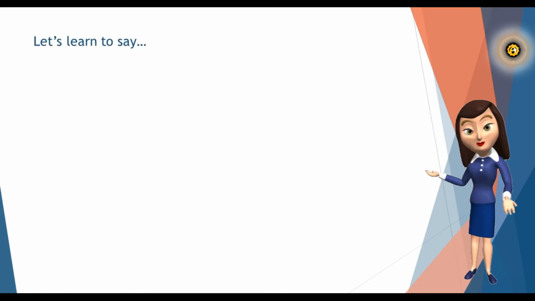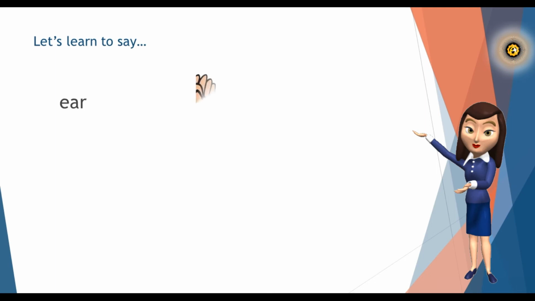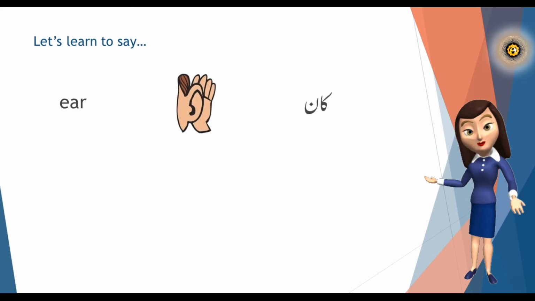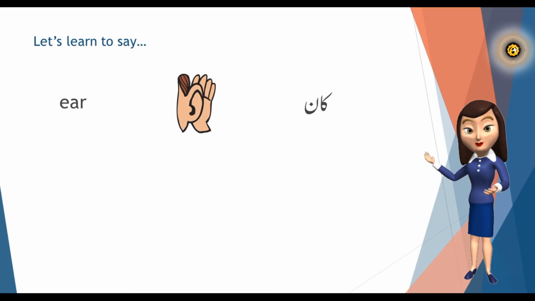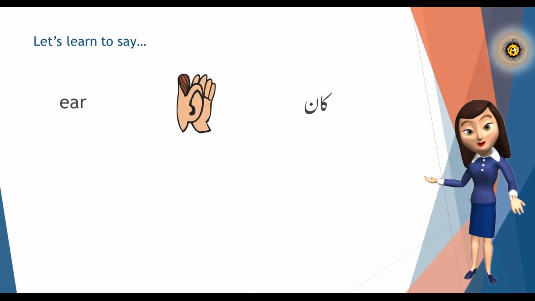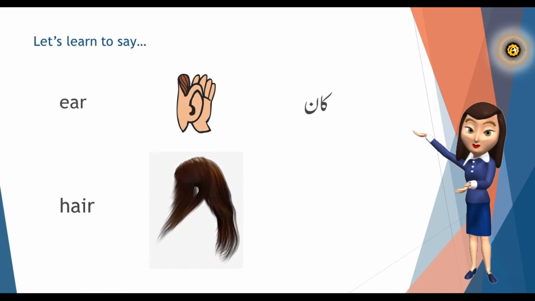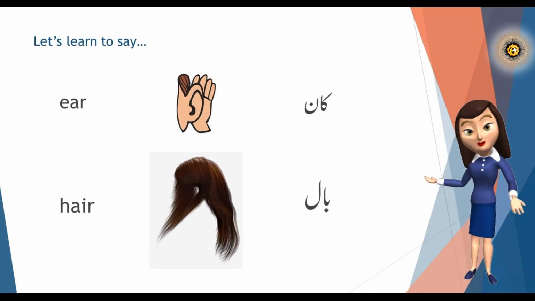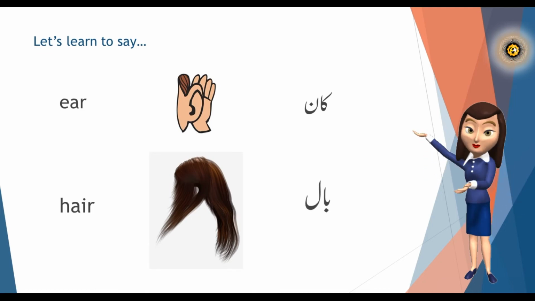Okay, now let's learn a few more. In English we say ear and in Urdu it is kaan. Then in English we say hair and in Urdu it is baal.